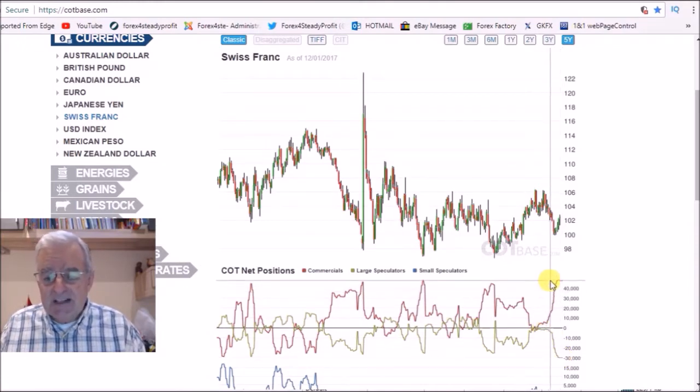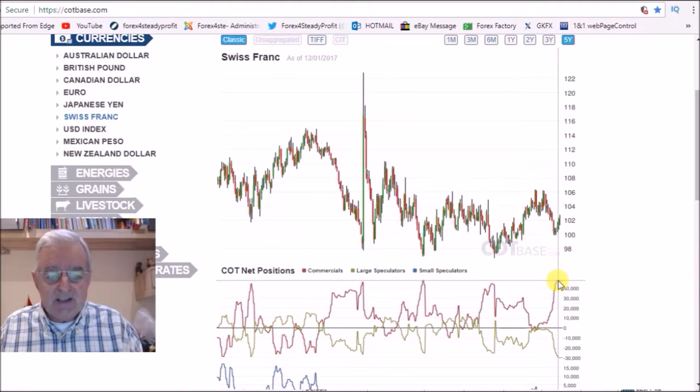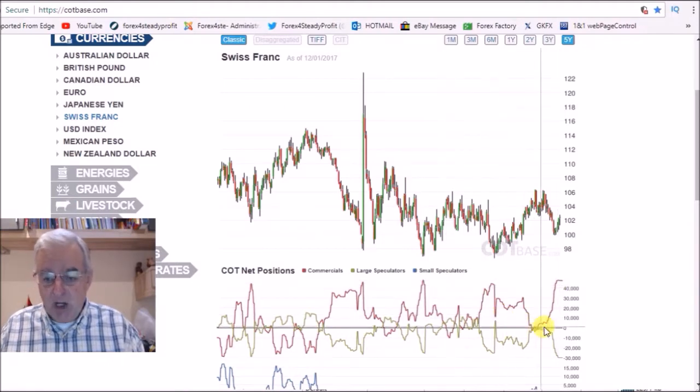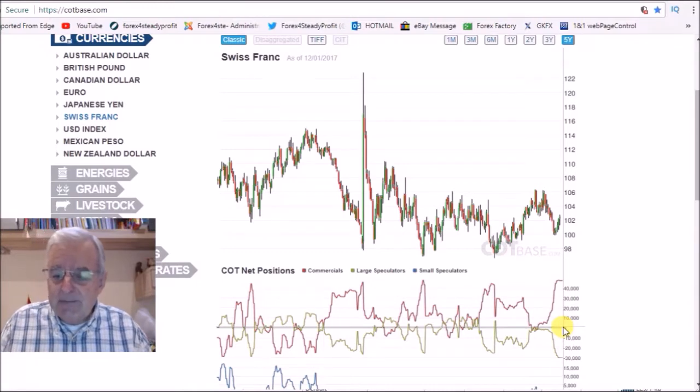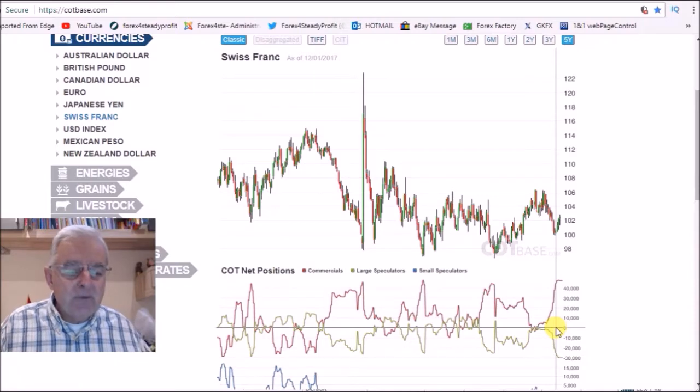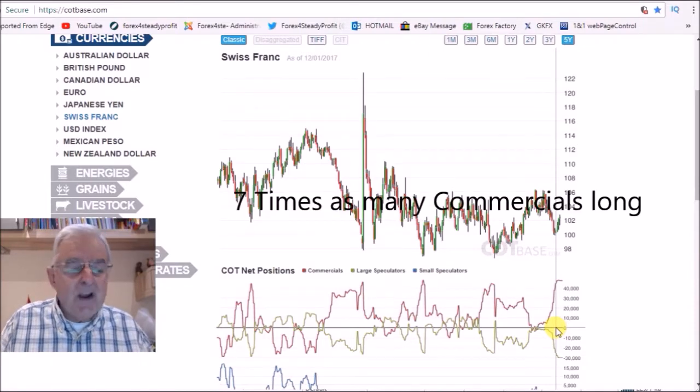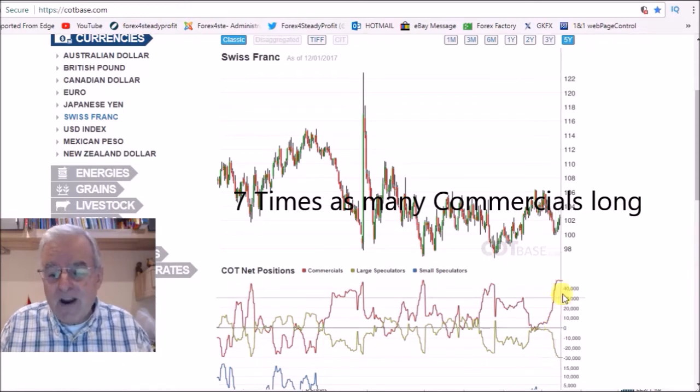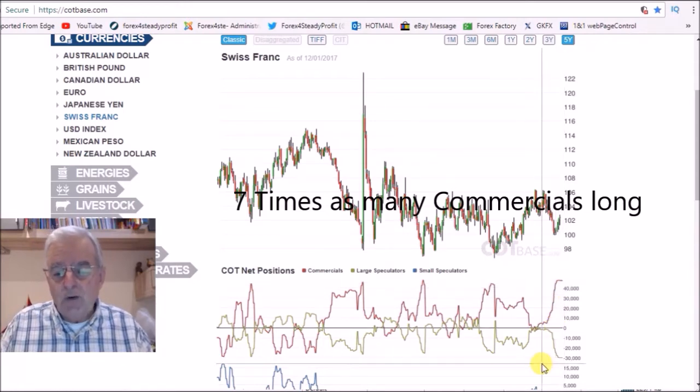And as you can see, the commercials are in an extreme long position. Now, the positions taken by the commercials, if you have 7 positions long and 1 position short, that gives you a 7-1 ratio of longs against shorts.